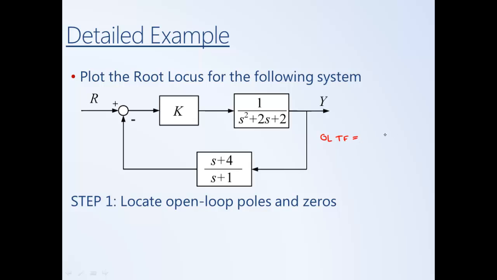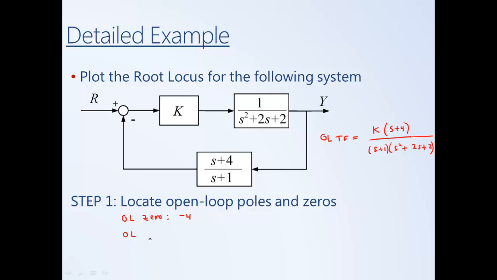So the open loop transfer function is a gain k times the quantity s plus 4 divided by the quantity s plus 1 times the quantity s squared plus 2s plus 2. Just by inspection, we can very easily see that we have one open loop zero. It's equal to negative 4.